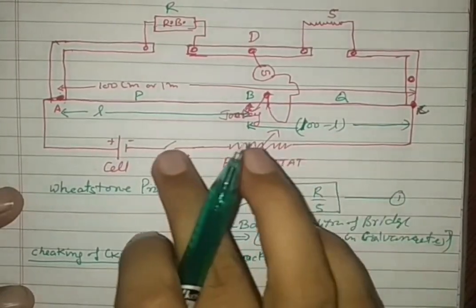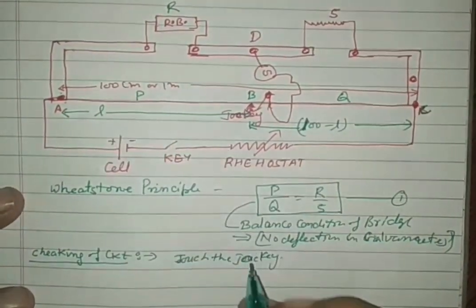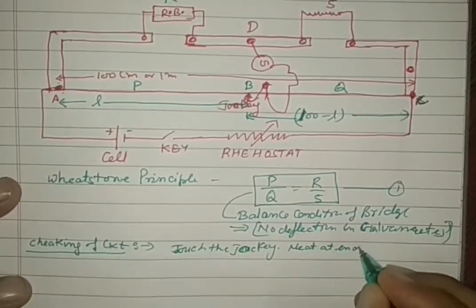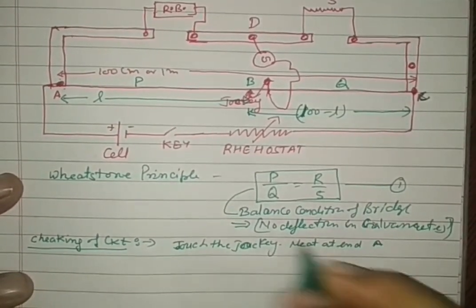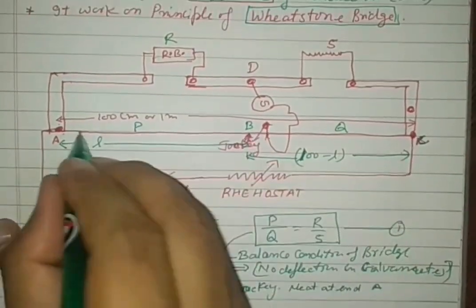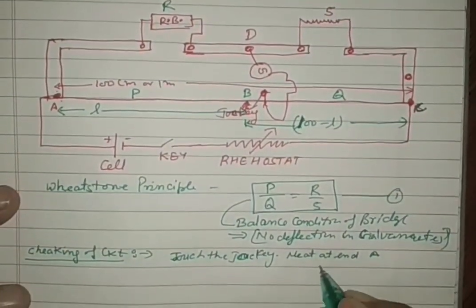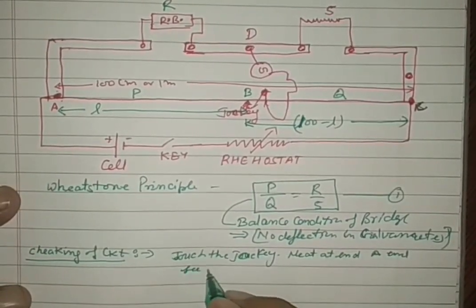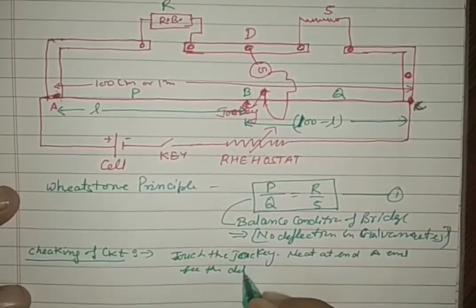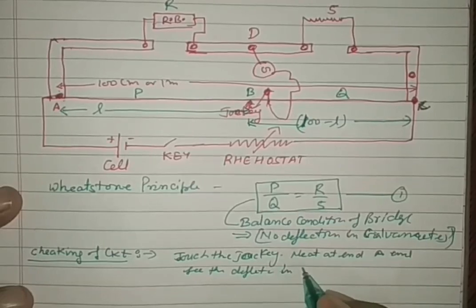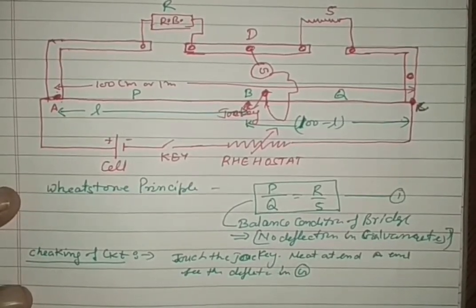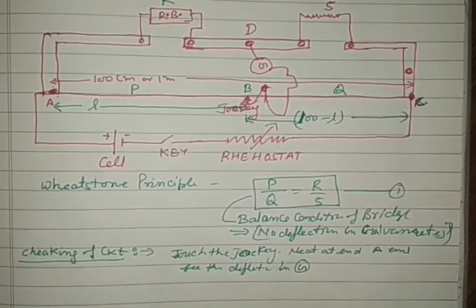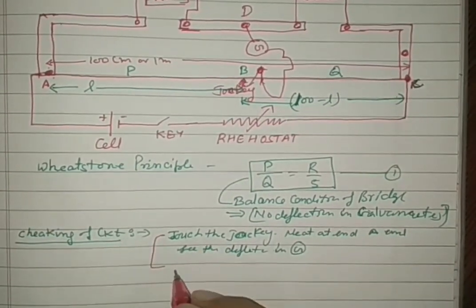When this key is on, touch the jockey near end A, somewhere here, and see the deflection in the galvanometer. Now do the second activity.